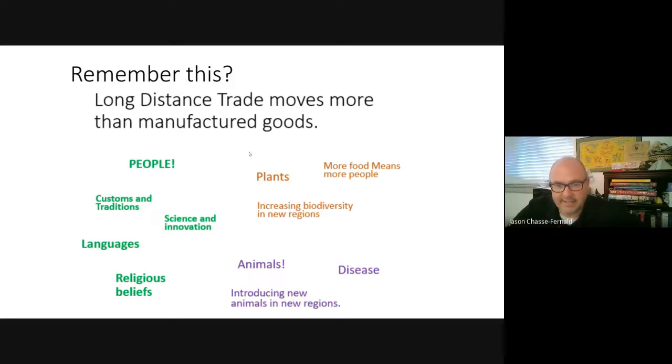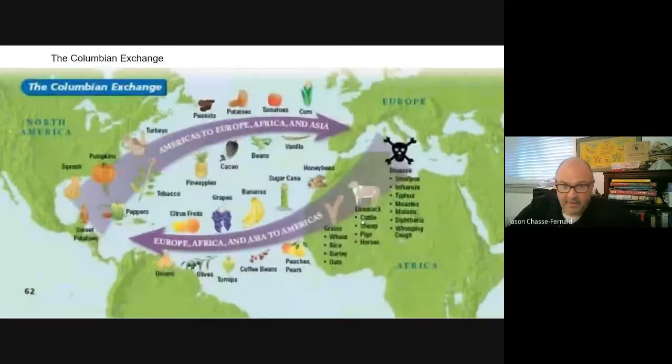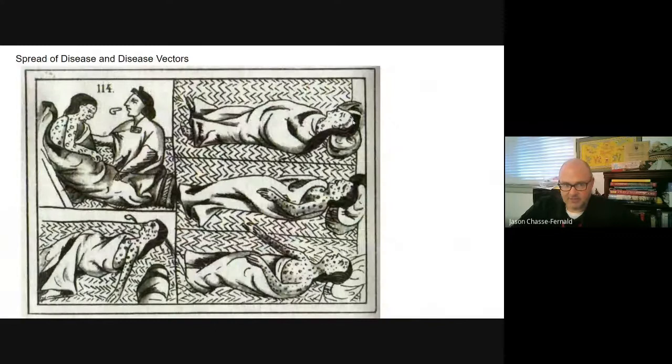You'll often see infographics that show what specific things originated in Afro-Eurasia and which originated in the Americas, what was being introduced for the first time in one direction and in another direction.